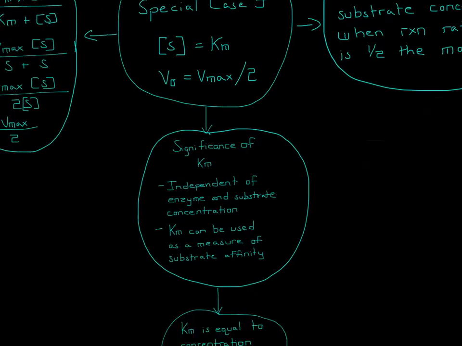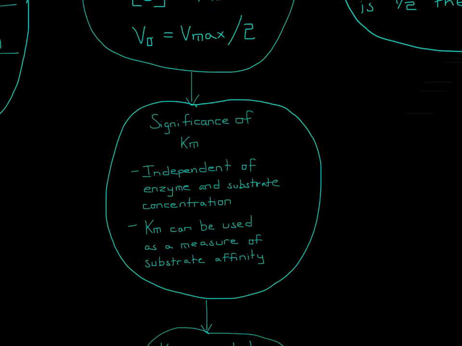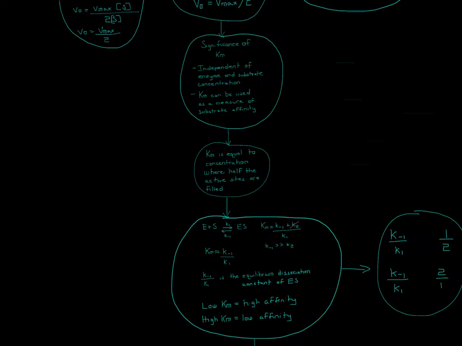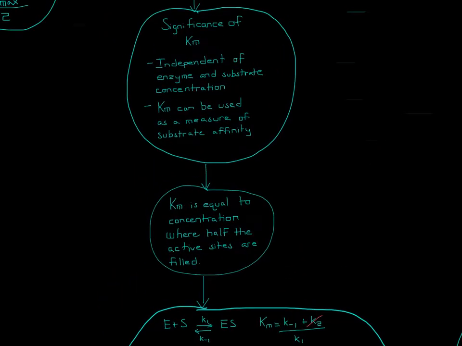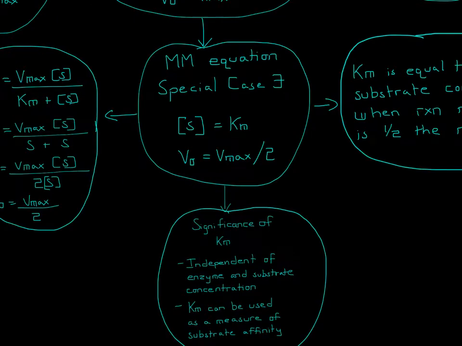So the significance of Km, since we've been talking about it so much, is that it's independent of enzyme and substrate concentrations. And the biggest importance of Km, I think, is that it can be used as a measure of substrate affinity. How much does the substrate like the enzyme? Km is equal to the concentration where half the active sites are filled, and that was shown right here.